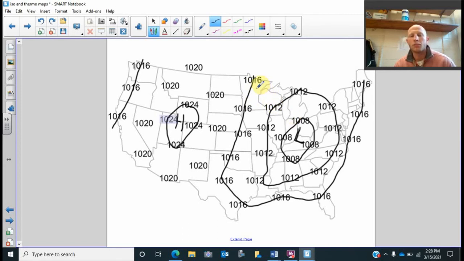So values like 1015, 1014, 1013, 1012 exist between 1016 and 1012, right? Then from 1012 it could be 1011, 1010, 1009 to 1008, okay? So all of these values exist in between these two isobar lines, okay?